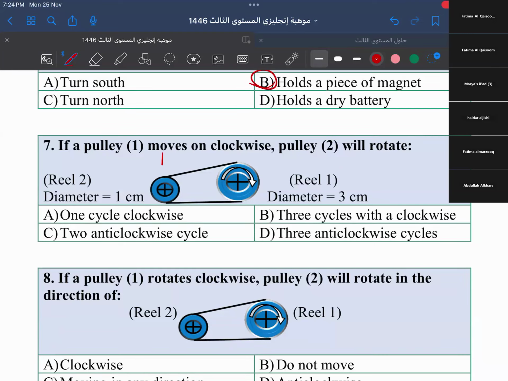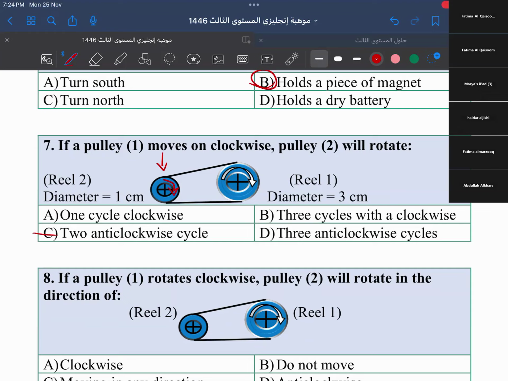Since the first one is rotating from right to left, the rubber also makes it move clockwise. Yes, exactly, it's going to move clockwise.